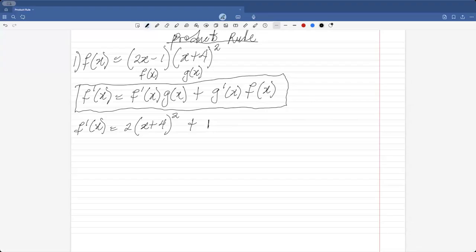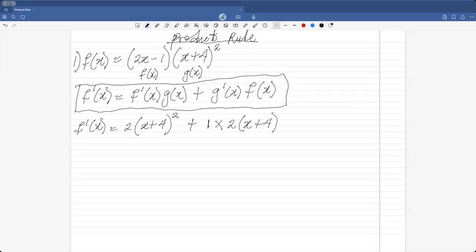So to find the derivative of g(x), we have to multiply the derivative of the inner function by the derivative of the outside function. So the inside function is x + 4. The derivative of x + 4 is nothing but 1. The outside function is (x + 4) all to the power of 2, so the derivative of the outside function is 2(x + 4).